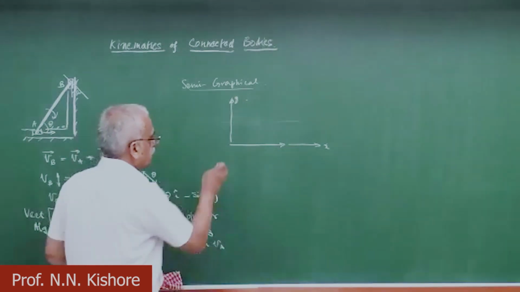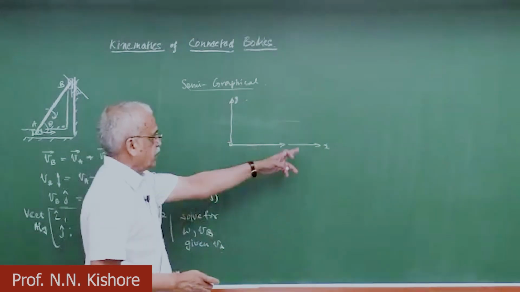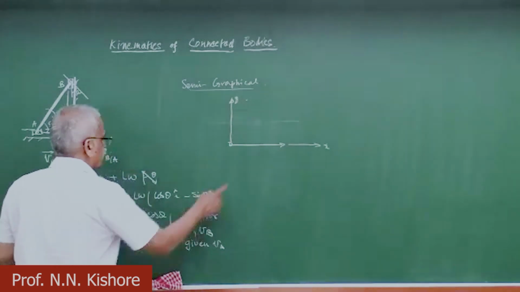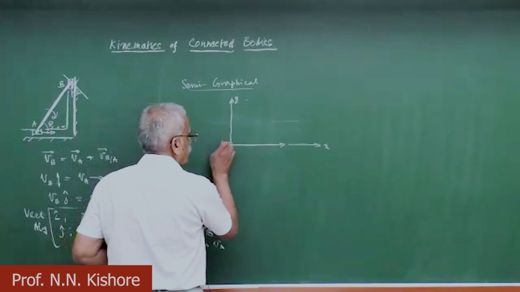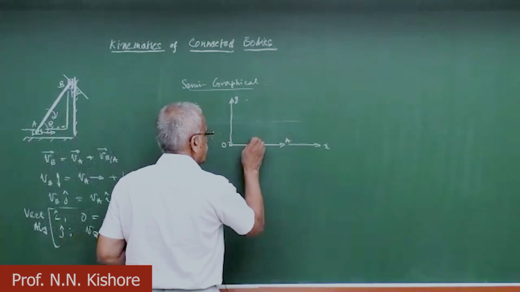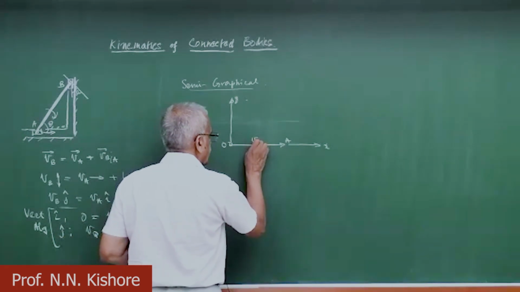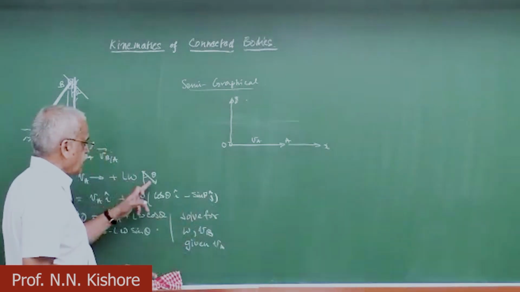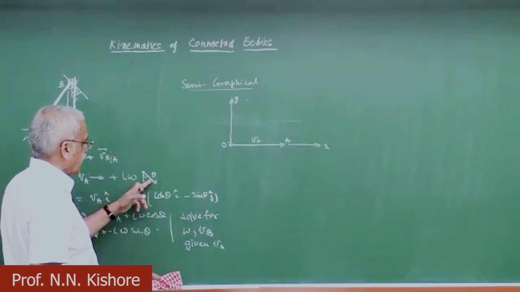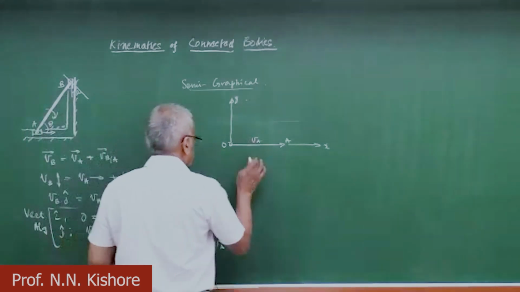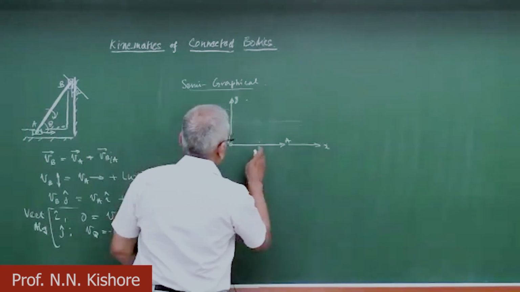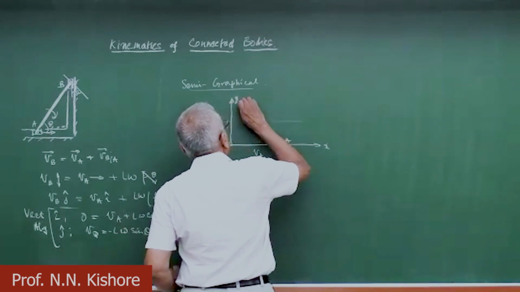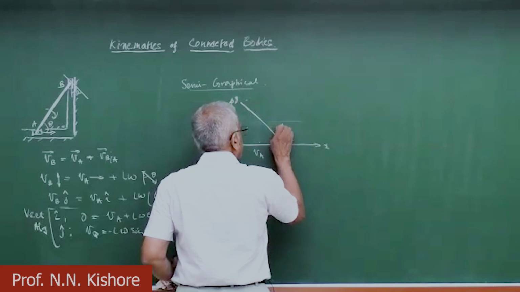In the velocity diagram, we have an xy axis, there's an origin here, and then this is VA, so this is O and A. OA represents the velocity of A given to us, and then after that you have to add L omega at an angle of theta. That means you have to draw a line here at an angle of theta.